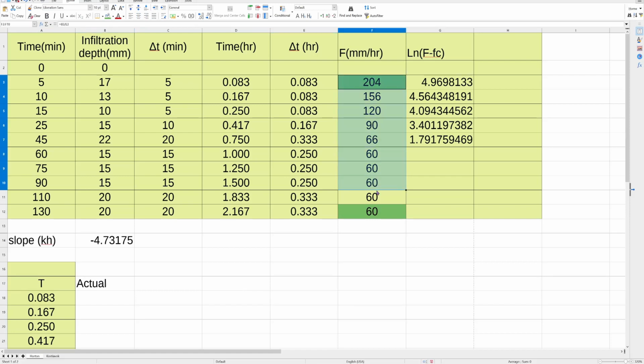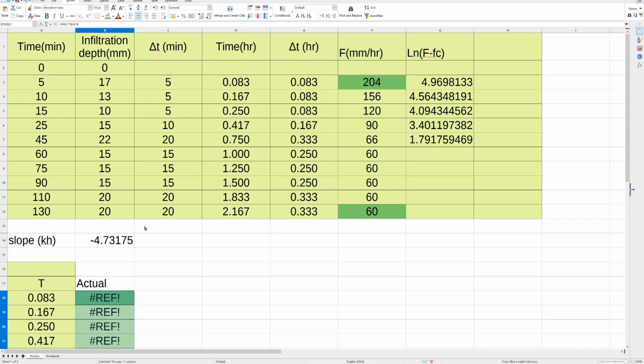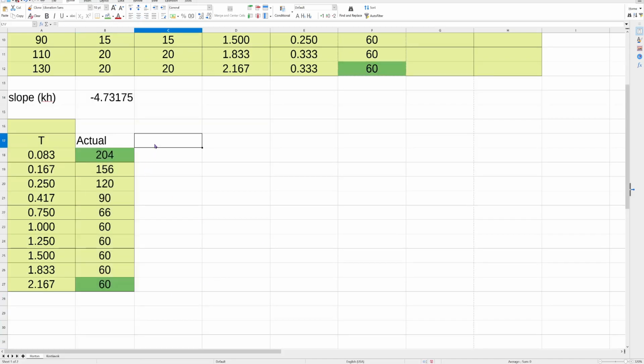So I'm simply copying this actual value. Okay, so copy this and paste it, paste as number. Yes, and then Horton.